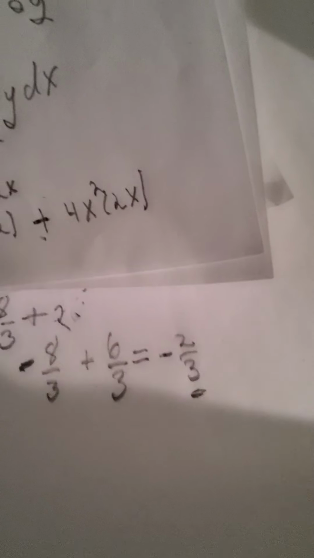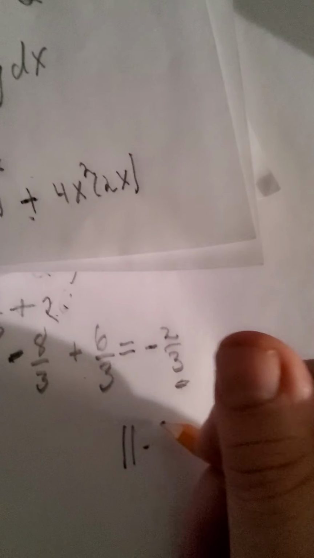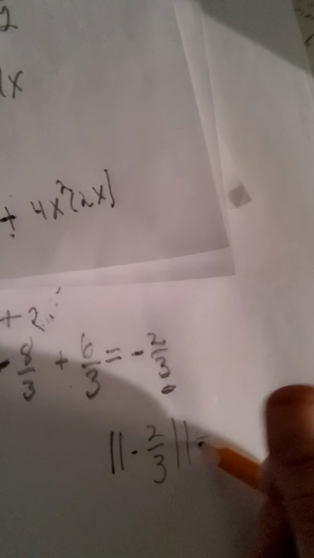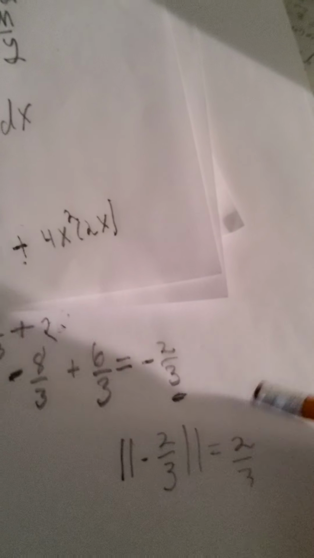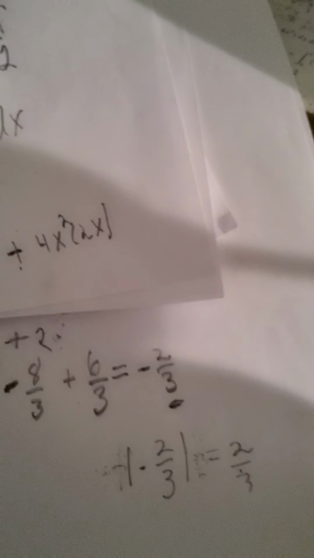And if you wanted to take the absolute value of that, if you had units or whatever, then you would just have 2/3. It would be the absolute value of a scalar function.